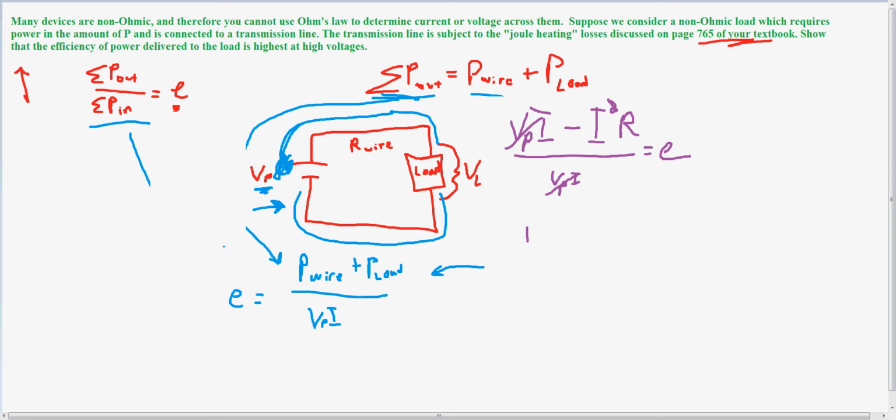So what I end up getting is 1 minus I R divided by VP, which is equal to the efficiency.